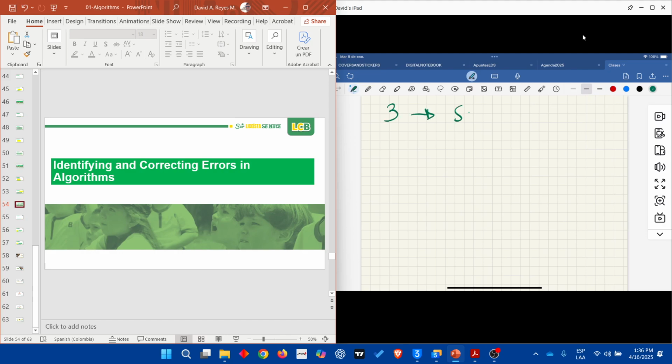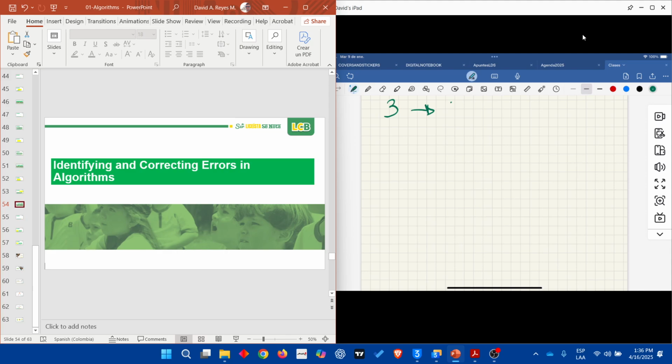The first one is about syntax. The other one is going to be logical, and the other one is that the program has started running.